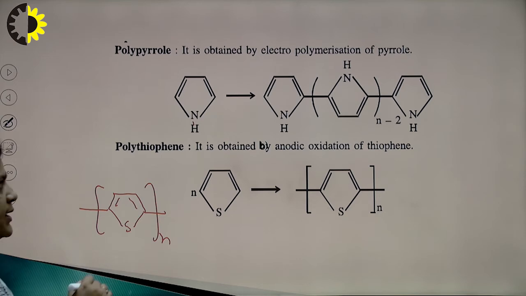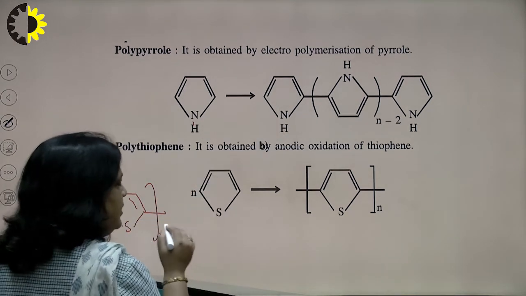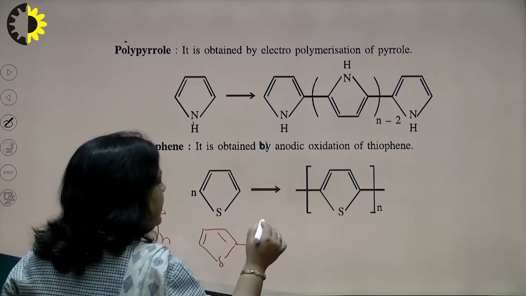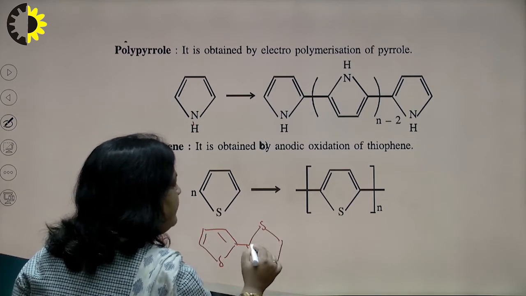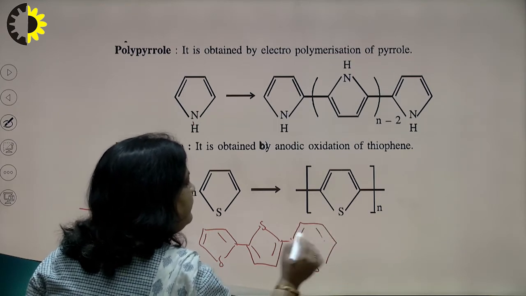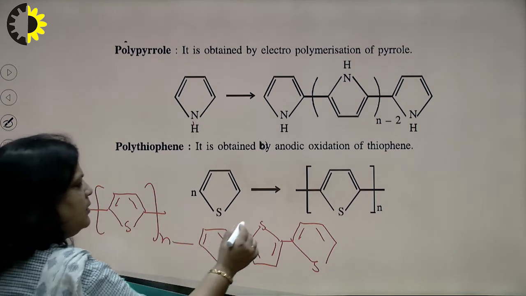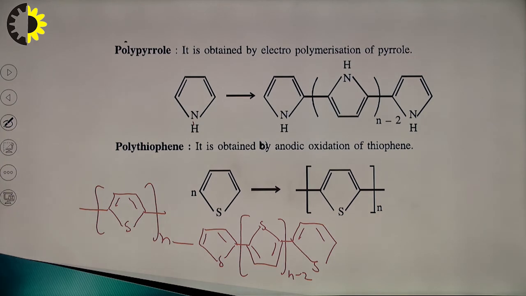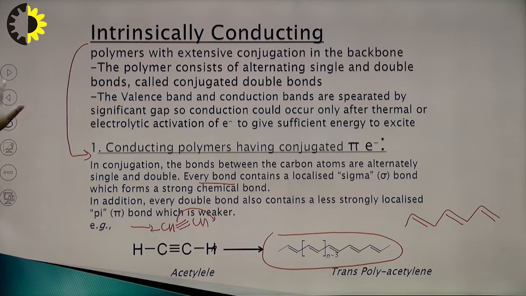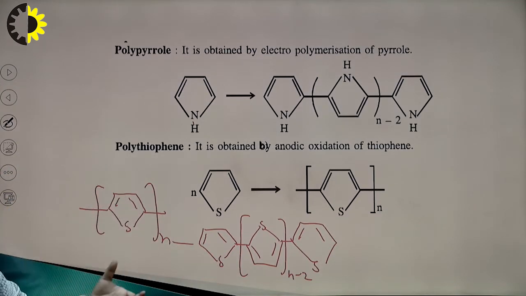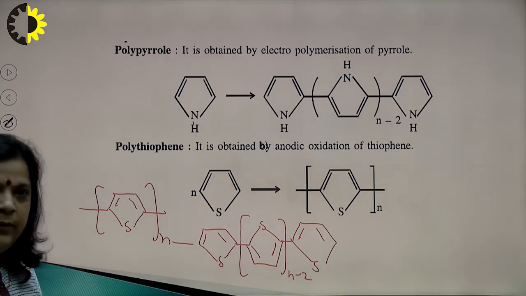When we write the structure, we follow the same manner, one this side and again this side, like this, with n minus 2. So, these three examples, polyacetylene, polypyrrole and polythiophene, are the normal examples of conducting polymer.